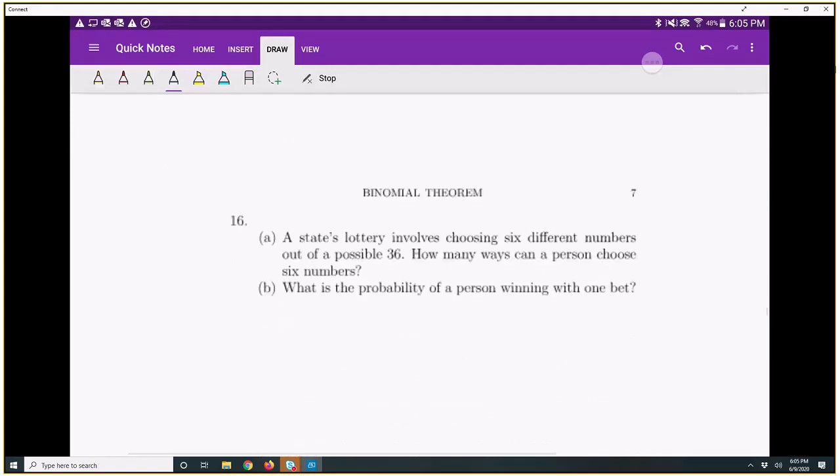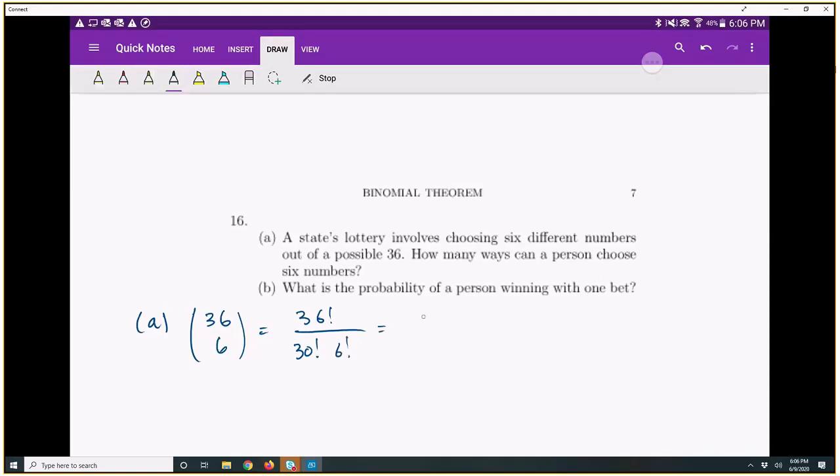Now, a state's lottery involves choosing 6 different numbers out of a possible 36. How many ways can a person choose 6 numbers? So we have 36 choose 6. This would be a little unwieldy to calculate by hand, because it would be 36 factorial divided by 30 factorial times 6 factorial.